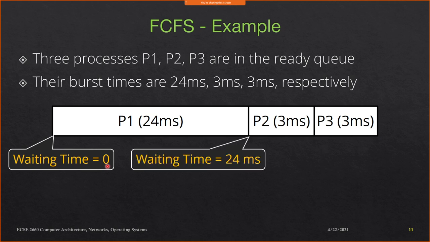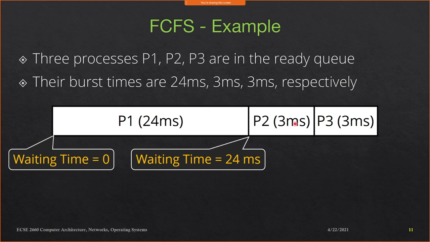But P2, even though it might come at maybe 1 millisecond or 2 milliseconds, it doesn't matter, it came soon after P1. There was no progress made on P2 until 24 milliseconds because we were working on P1 and we did not kick it out. Non-preemptive.